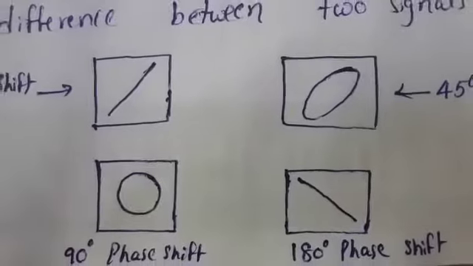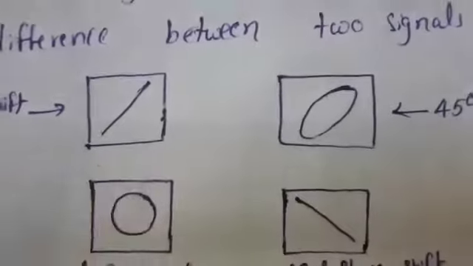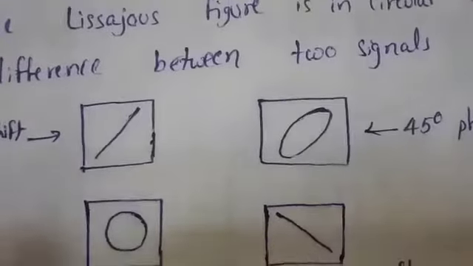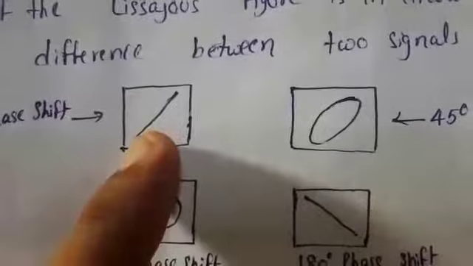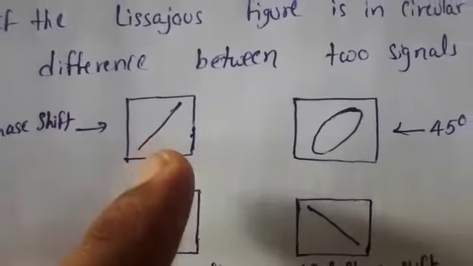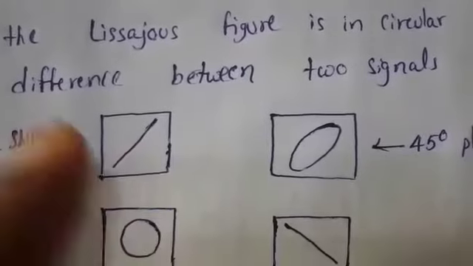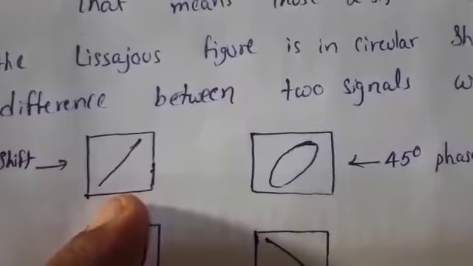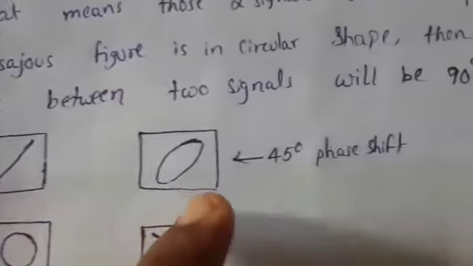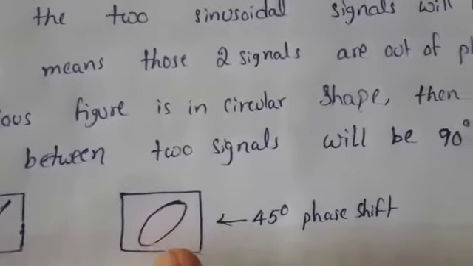And these are the examples of Lissajous figures. We have four figures here. The first one is the Lissajous figure that is a straight line. If the Lissajous figure is in this shape, then there is no phase shift. If the Lissajous figure is in elliptical shape, then the phase shift is 45 degrees.